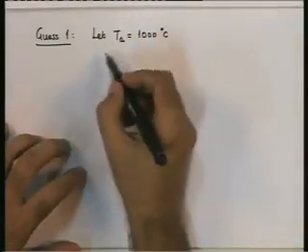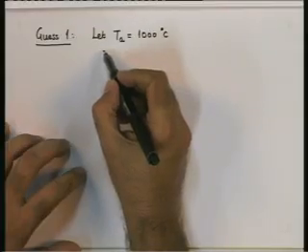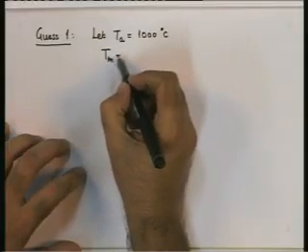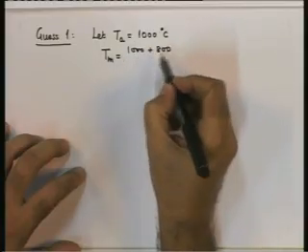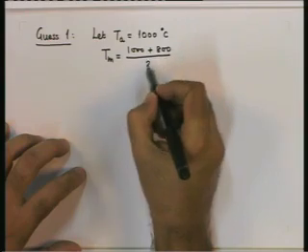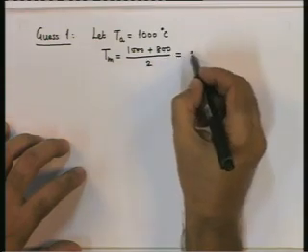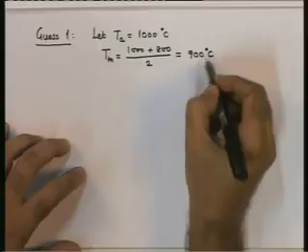So the mean film temperature will be 1000 plus the surface temperature 800 divided by 2, which is 900 degrees C.